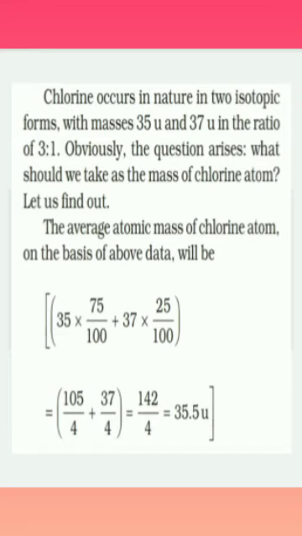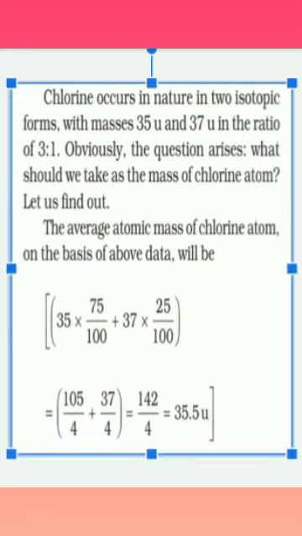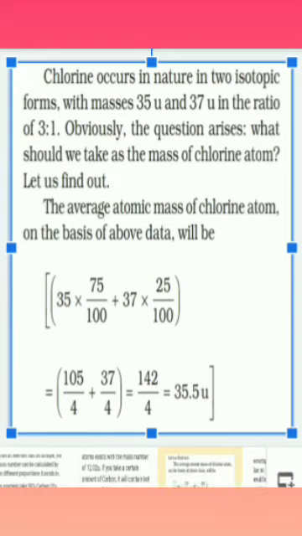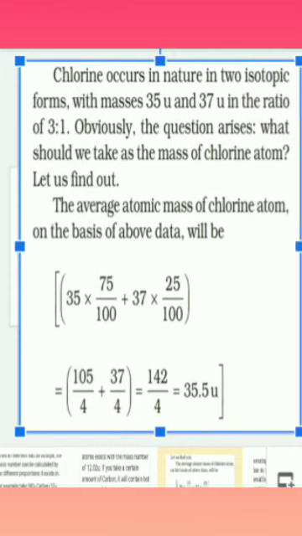We get confused, so we have to add up these mass numbers with their percentages to get the average atomic mass of chlorine. Chlorine 35 is present at 75% and chlorine 37 isotope at 25%.